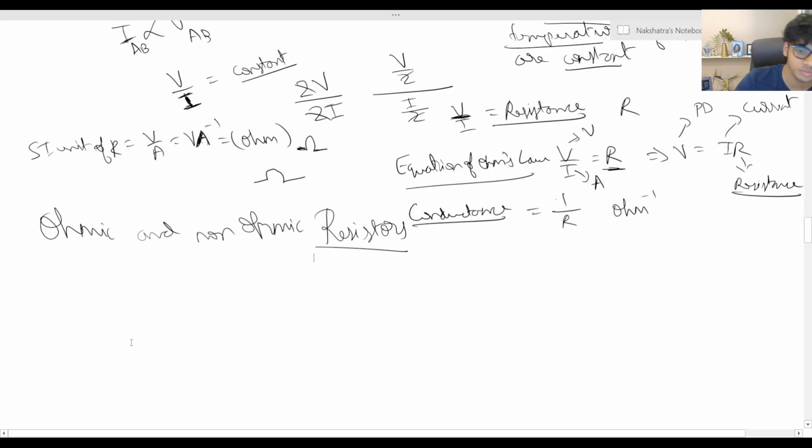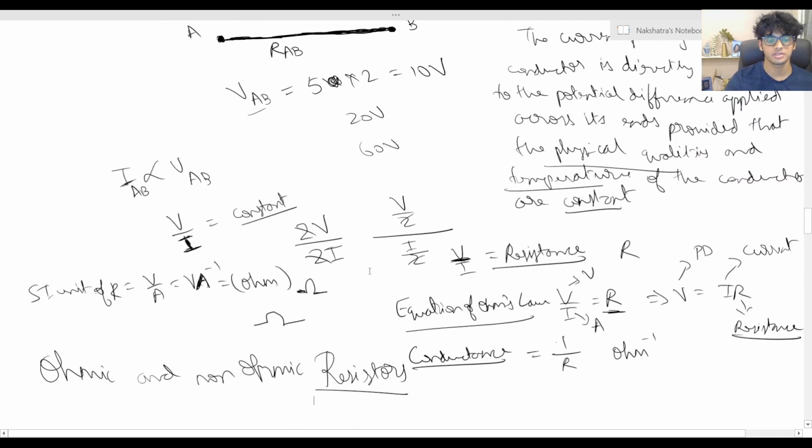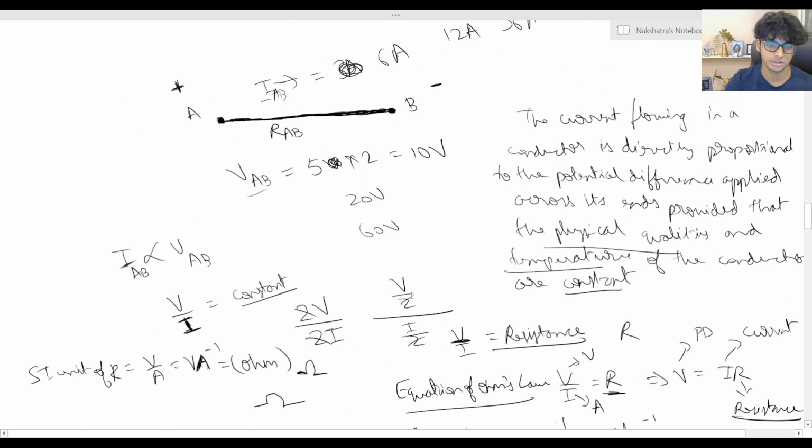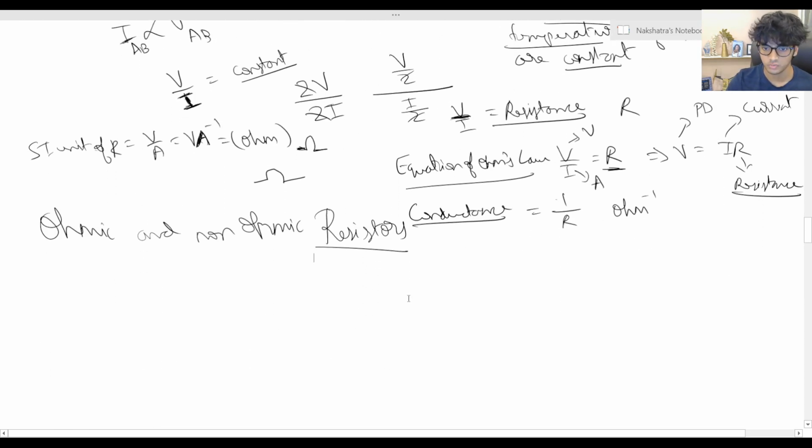Okay, before we move on to ohmic and non-ohmic resistors, you have to know another theoretical concept which is not very different. Limitation of Ohm's law. Try to think, what is the limitation of Ohm's law?